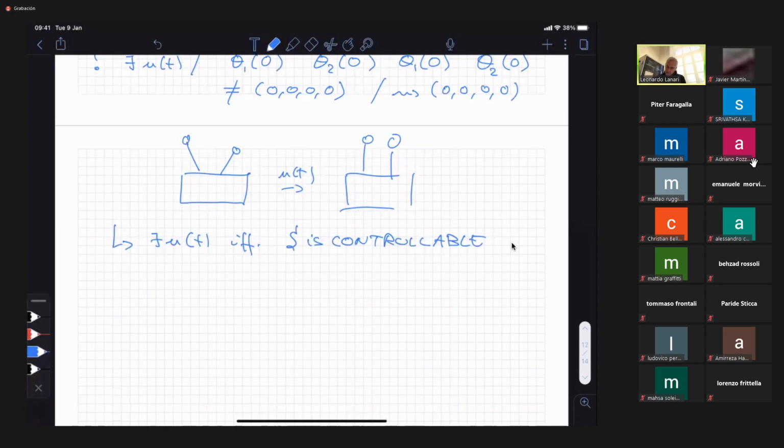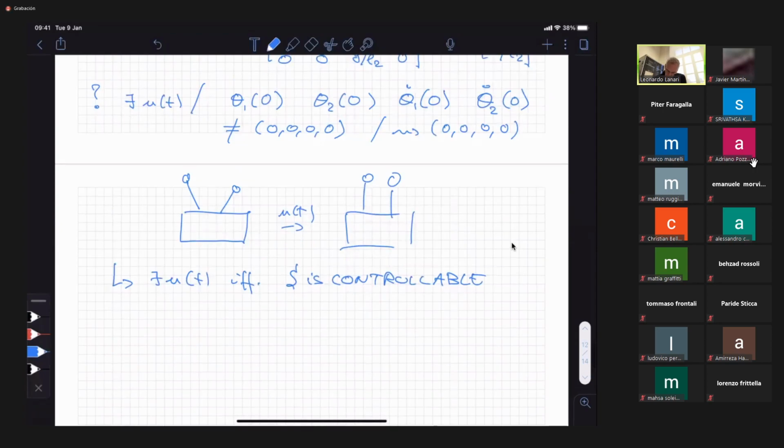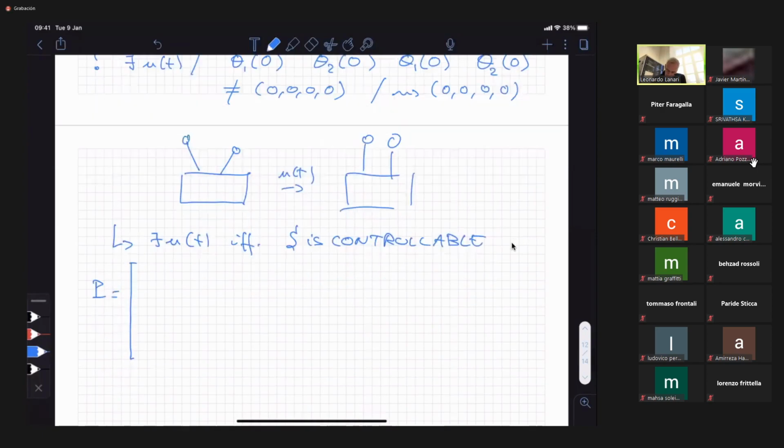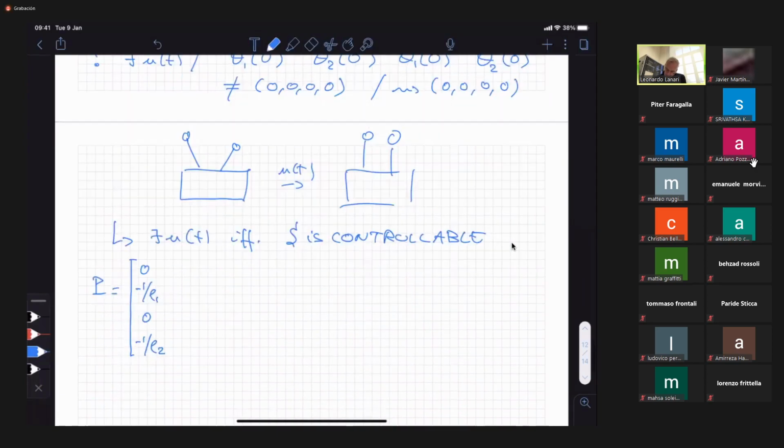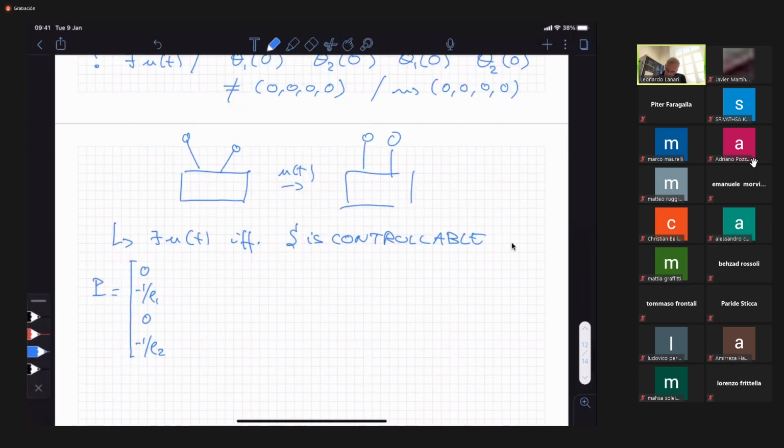Now we have A, we have B, so we could compute the controllability matrix. So B is 0, minus 1 over L1, 0, minus 1 over L2. AB would be minus 1 over L1, 0, minus 1 over L2, 0.